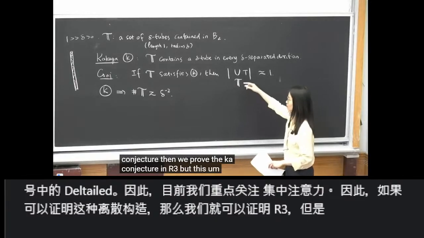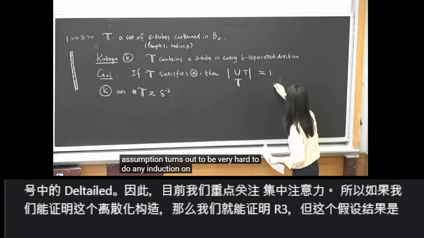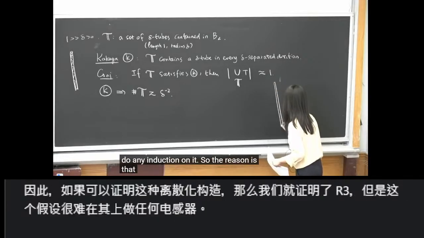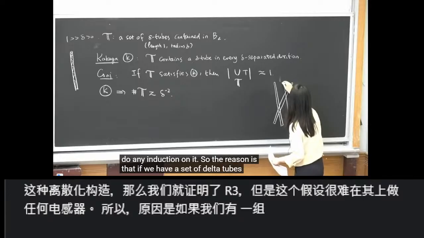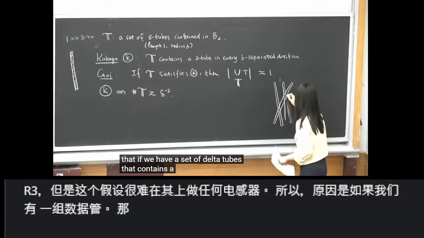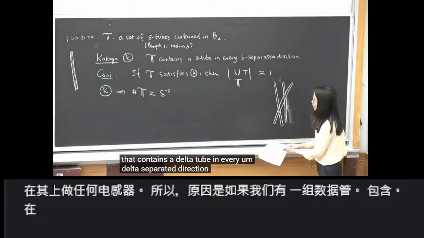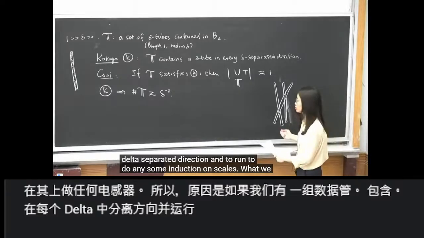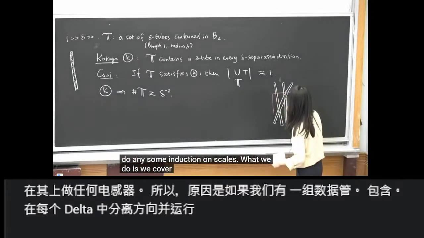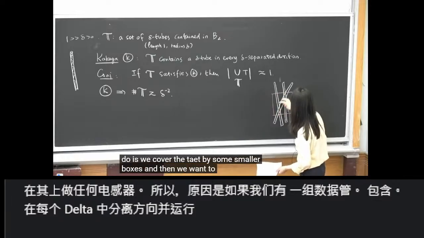But this Kakeya assumption turns out to be very hard to do any induction on. The reason is that if we have a set of delta tubes that contains a delta tube in every delta separated direction, and to do some induction on scales, we cover the Kakeya set by some smaller boxes, and then we want to run the induction.